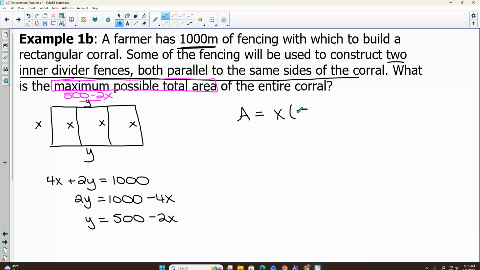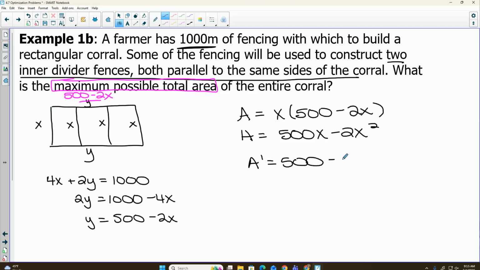So x times 500 minus 2x. So 500x minus 2x squared. So now we can do our derivative. Derivative of 500x is 500. Derivative of 2x squared would be 4x.